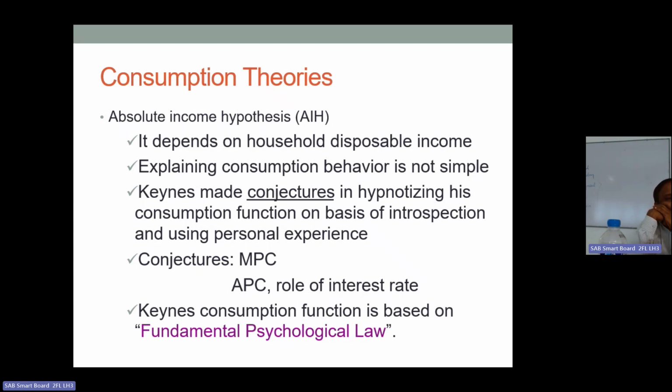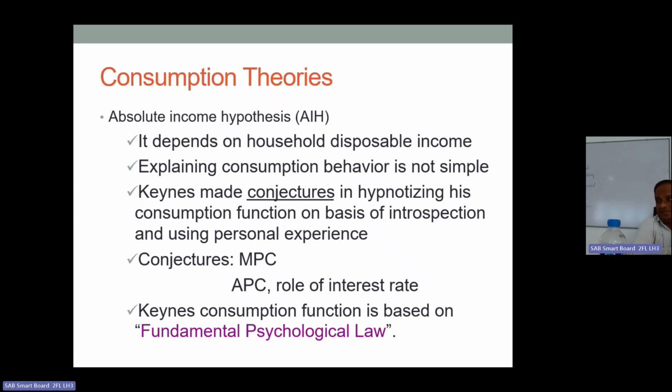But Keynes made conjectures. He used his personal experience and introspection, some kind of experiments. So when we explain the consumption function, he estimated the consumption function at that time, which mainly depends on the income or the disposable income. Regarding the innovation, it is the beliefs and the way of explaining consumption.